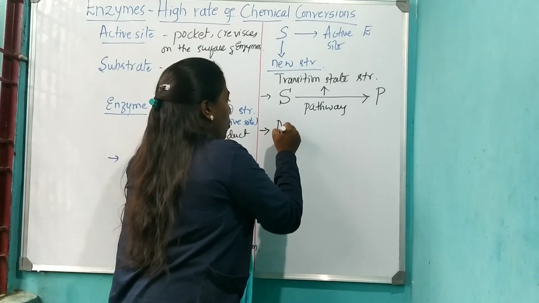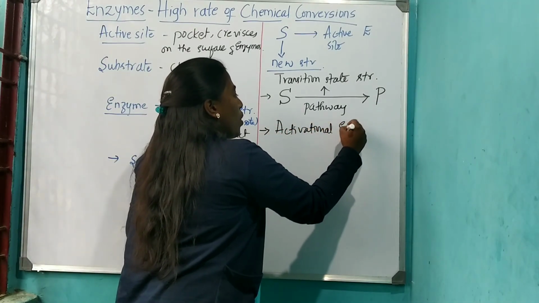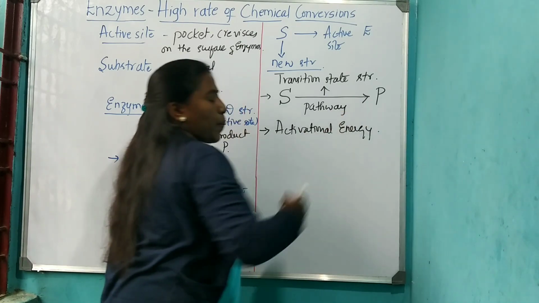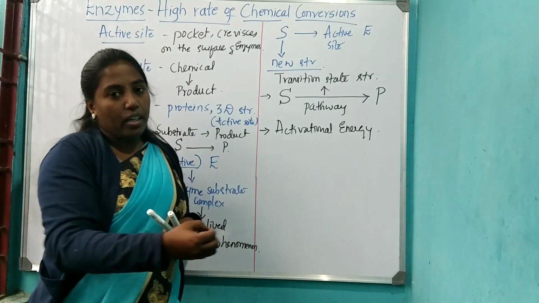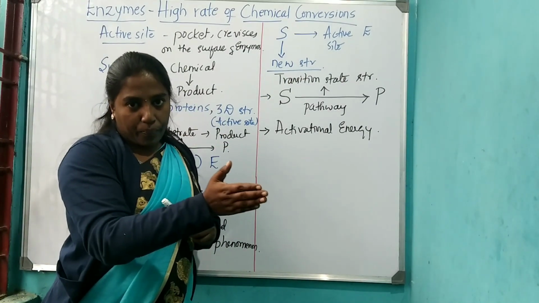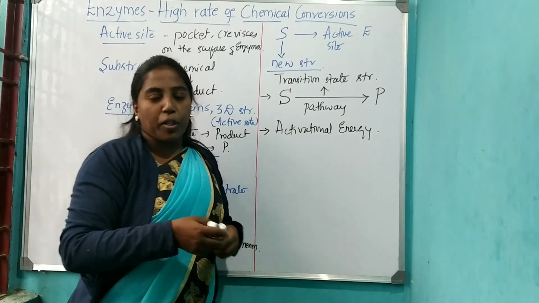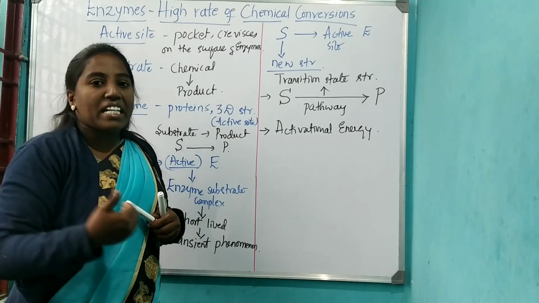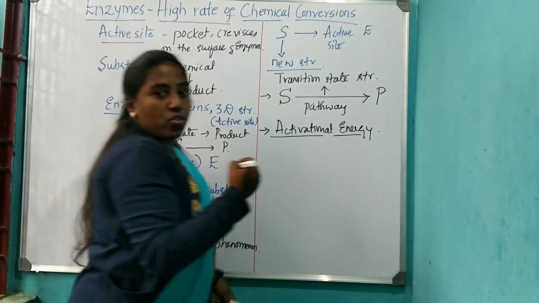Okay. Then let us know about the activational energy. So what is the activational energy? If a reaction has to occur, it requires an external energy supply. If a reaction has to start, it requires the external supply of energy. To start the reaction, such type of energy is called what? Activational energy.